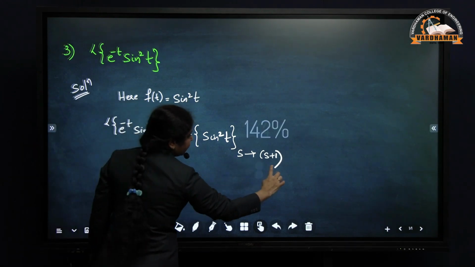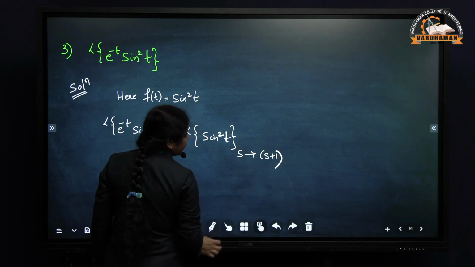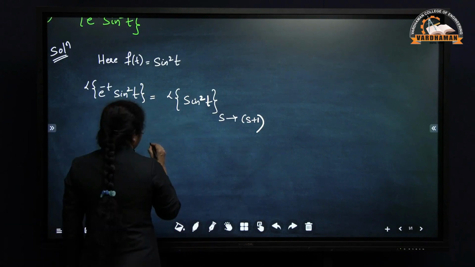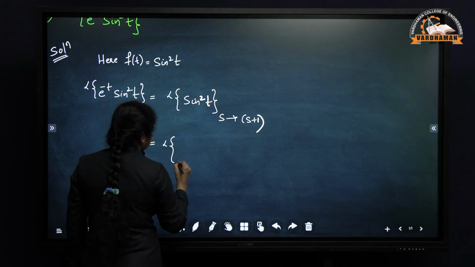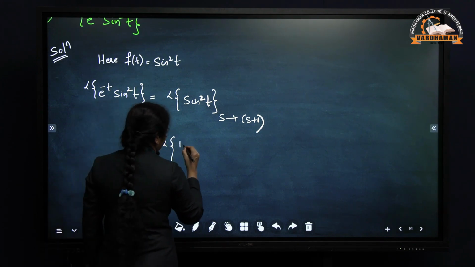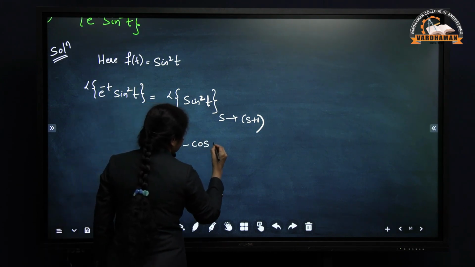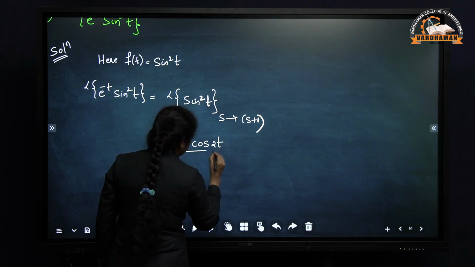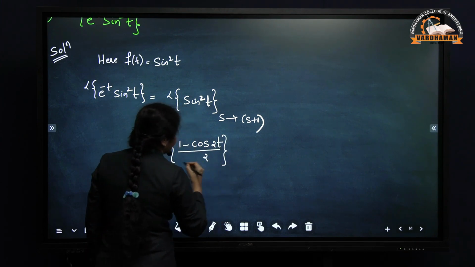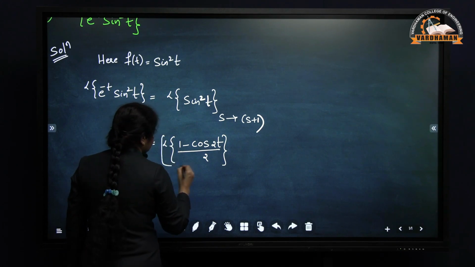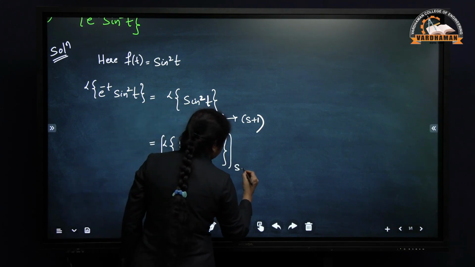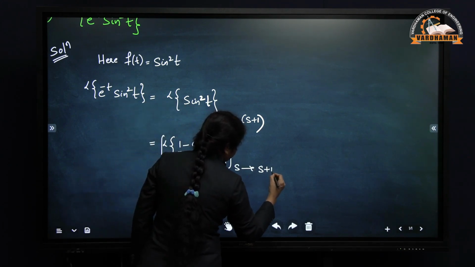So that's why we have to change s with s plus 1. And as we know, sin square t is 1 minus cos 2t by 2. Now here in this result, finally we need to change s to s plus 1.